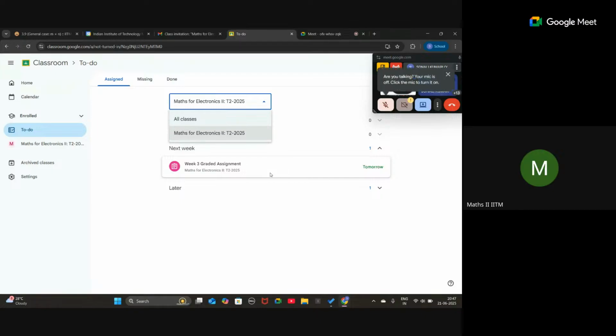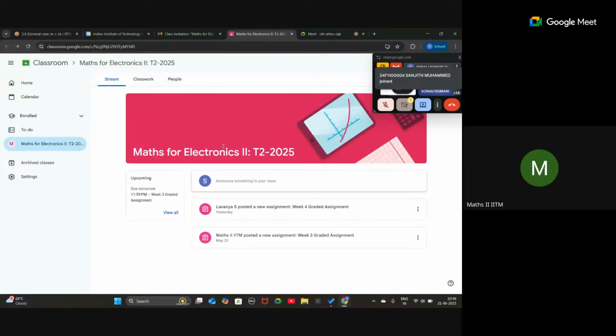In the class, what is the process? You have to open your classroom, or just open the graded assignment, or this front end portal. If you open the week three portal, let's do it from the start. Just open the 3.9 graded assignment.